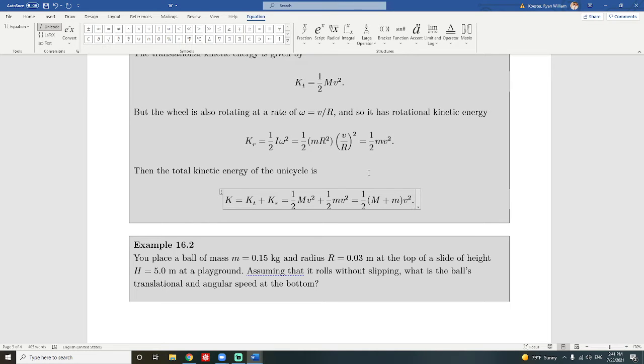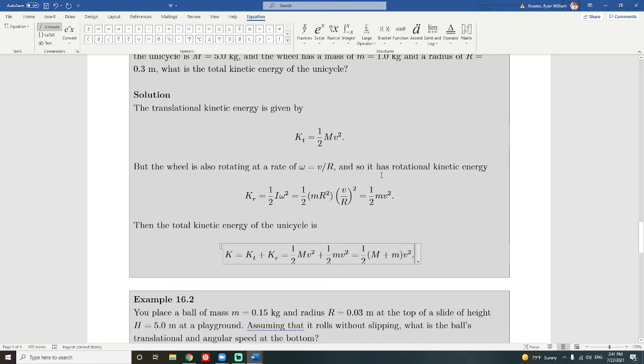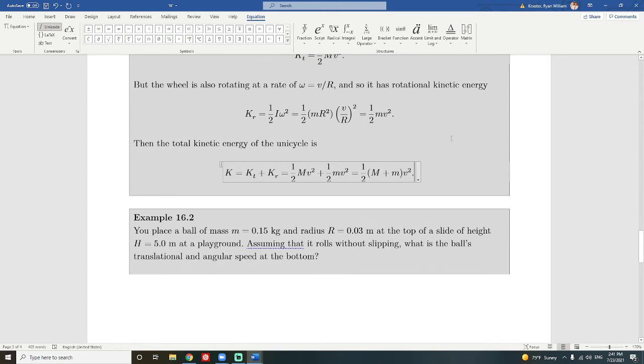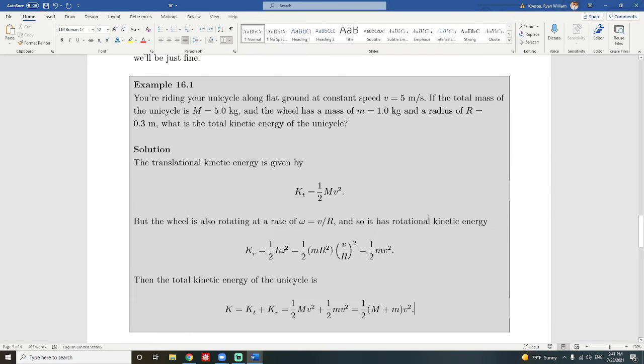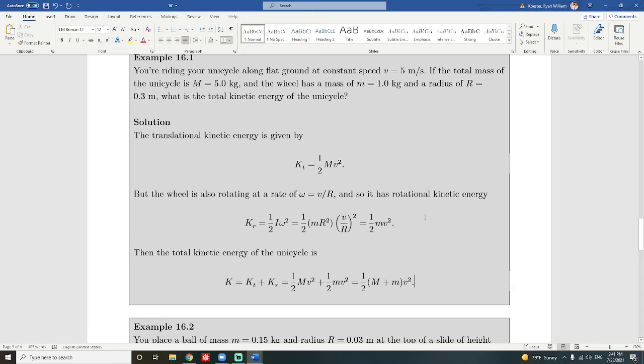But notice in this example, now we have something that has a translational kinetic energy and a rotational kinetic energy, and so they are not equal, right? I just wanted to stress that. And that's it. You know, you go through and crunch the numbers here if you wanted to.